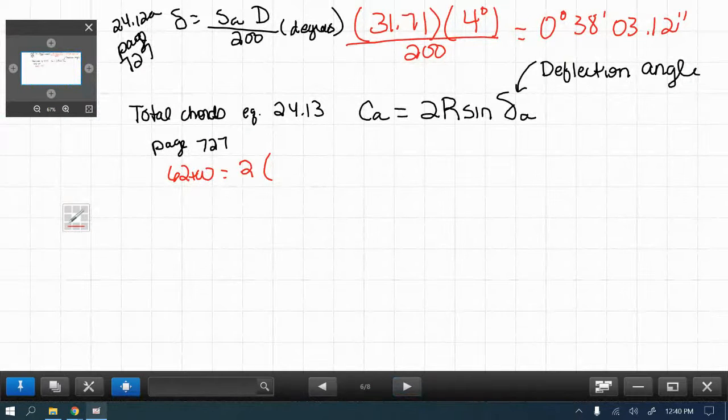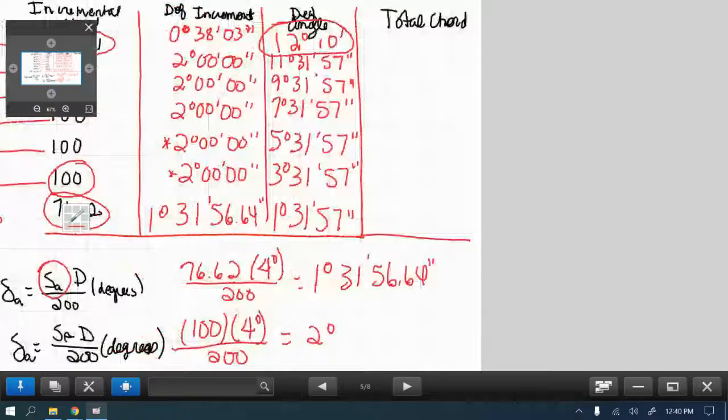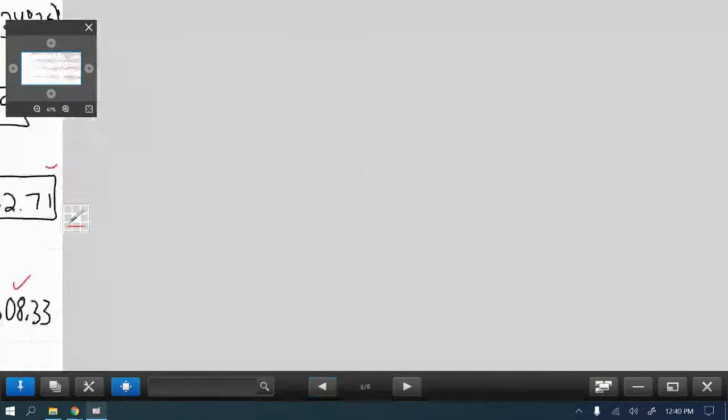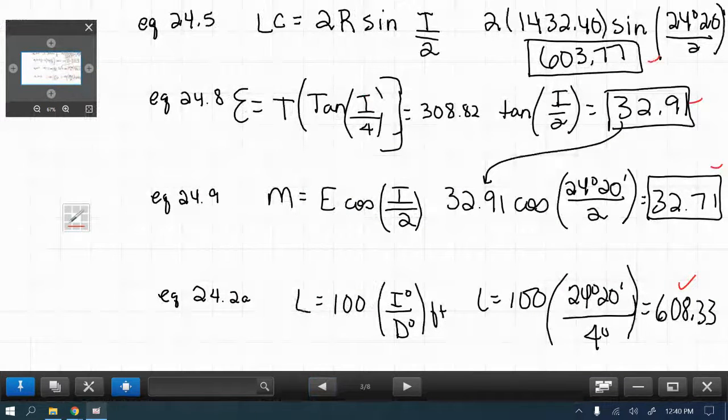You don't have to write everything out on your test. You can do it in your calculator, that's fine. 14. Make sure that's my R. Yep.